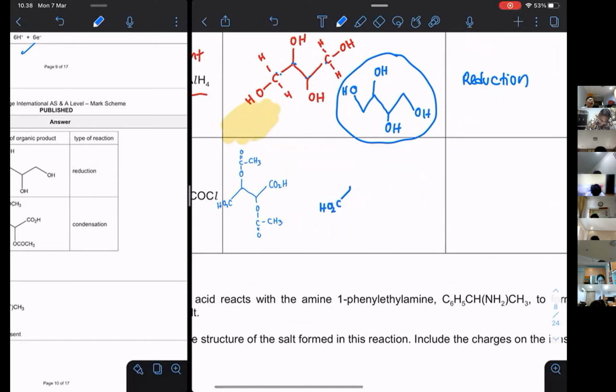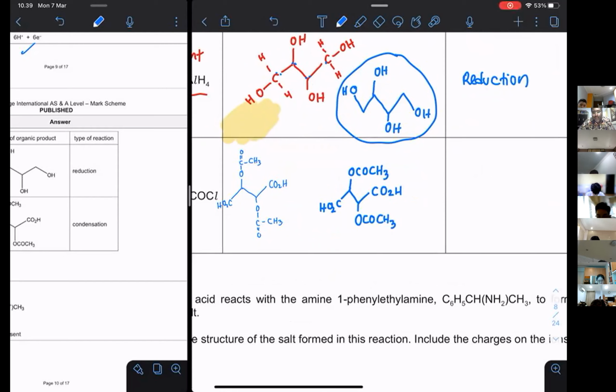CO2H, then bonded to OCOCH3. You can write it down like that. CO2H, OCOCH3. And what type of reaction is this?